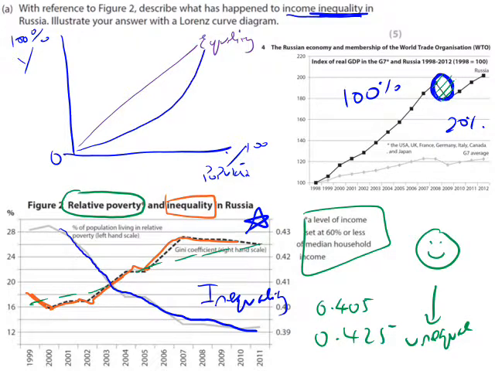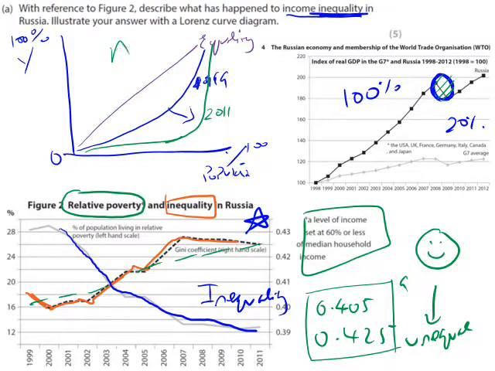Then you've got the start of, say, 1999, or whichever point you want to start on, so we'll put 1999 here, and to show it getting worse, we want the curve to go further away from equality, and then that would be potentially 2011.